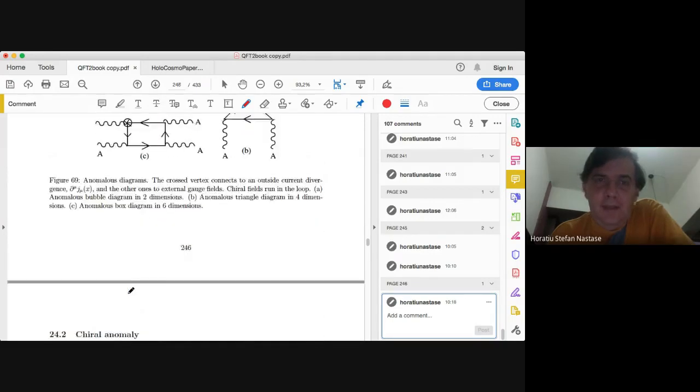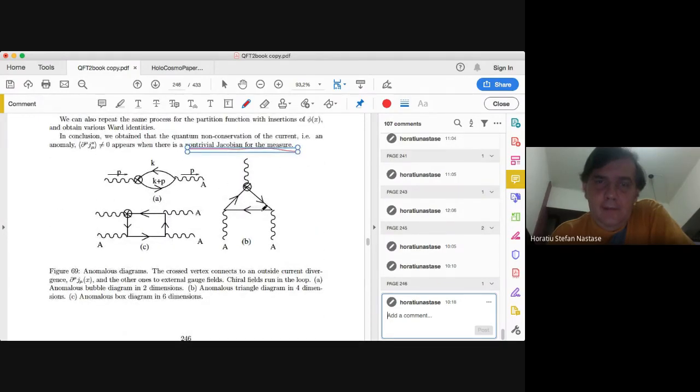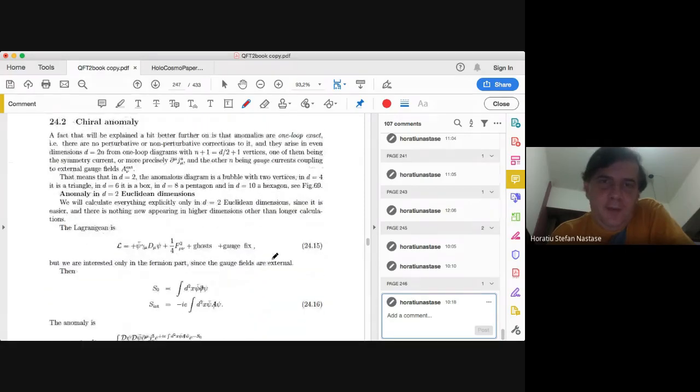So that's a triangle, the triangle anomaly: one loop triangle, with d mu j mu a here, and A and A here. So we have a bubble in 2 dimensions and a triangle in 4 dimensions.